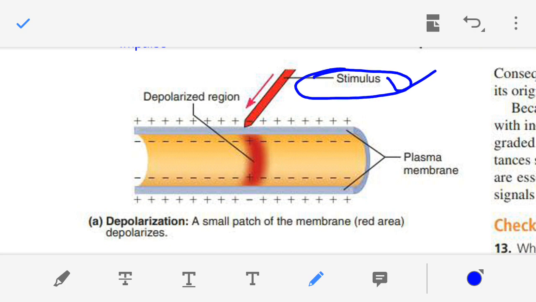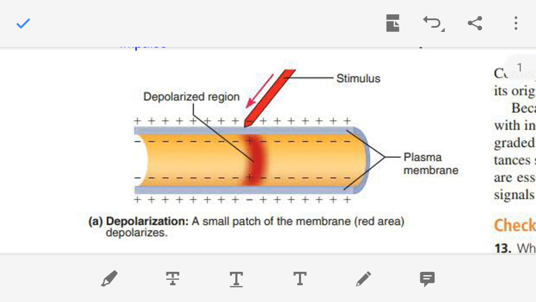Since this is the stimulus, imagine that you are standing at some place with your friend, and your friend wants to show you something, but you are not looking at that point. Now what your friend is going to do is, with his finger, he is going to touch your hand.